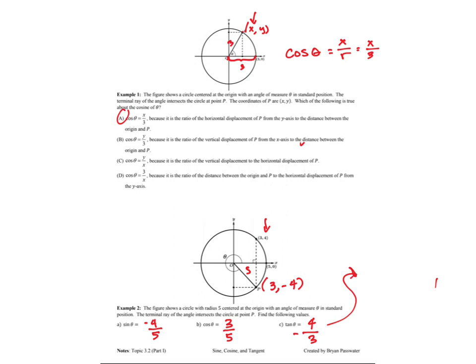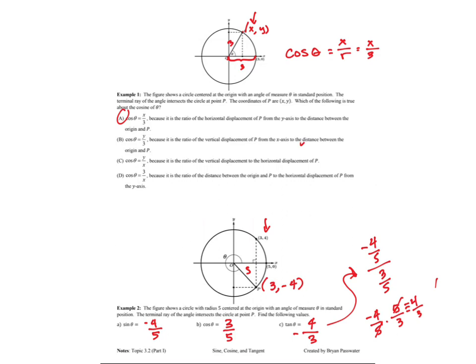Okay, so here's the workaround on that, and I want to just write it out for you. Tangent is always sine over cosine. If sine is negative 4/5 and I divide by cosine 3/5, then I'm dealing with negative 4/5 times the reciprocal of 3/5, which is 5/3. Negative 4/3.